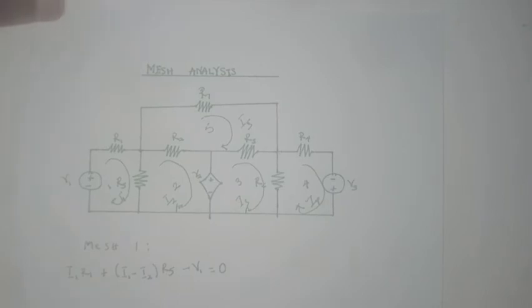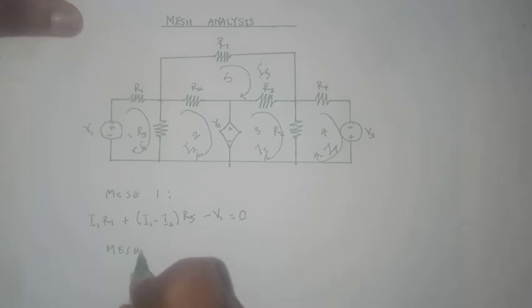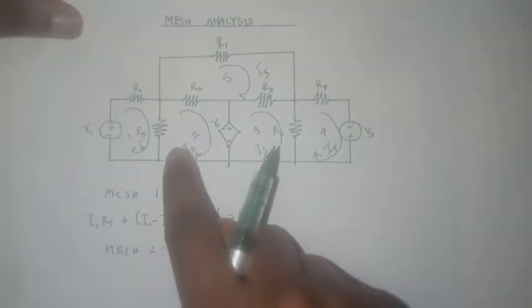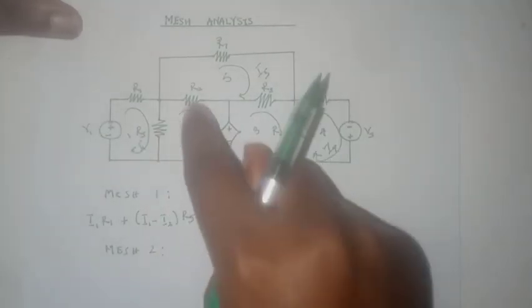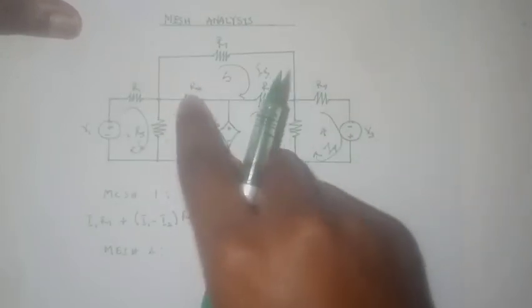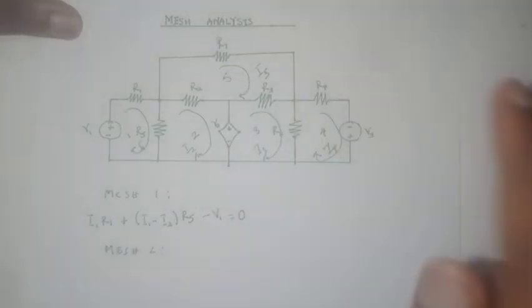We can then proceed to mesh 2 and write the KVL equation there. So in mesh 2, we have this resistor R2. I2 is flowing through it, but it is also interacting with mesh 5. So the current I5 is also flowing through it, but in the opposite direction.